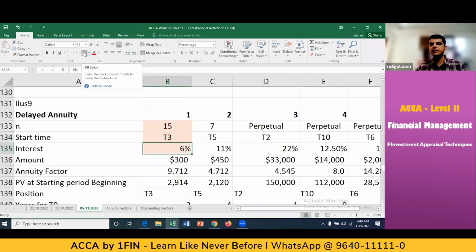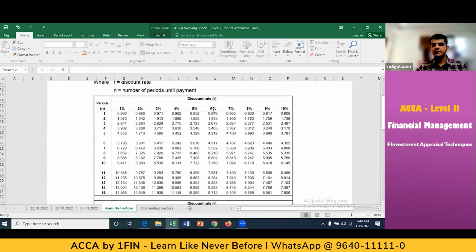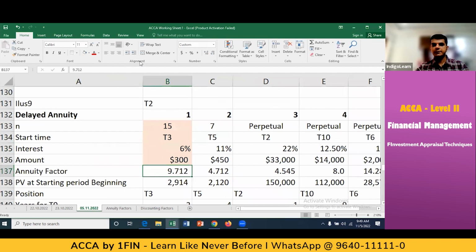If we put the annuity factor at T3, we'll receive the present value at T3 beginning or T2 end. So 300 is the annuity amount. We'll see the annuity factor for 15 years with 6%: 9.712.